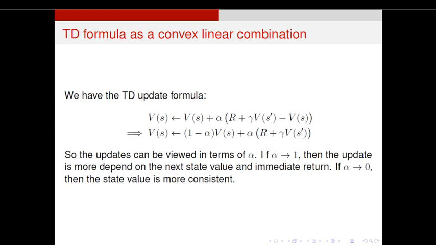So this is an easy formula to relate the temporal difference update to the current state value and the temporal difference target. It's a very important idea in linear algebra. We can treat this TD update formula as a linear algebraic update using a convex linear combination of the current state value and its unbiased estimate.